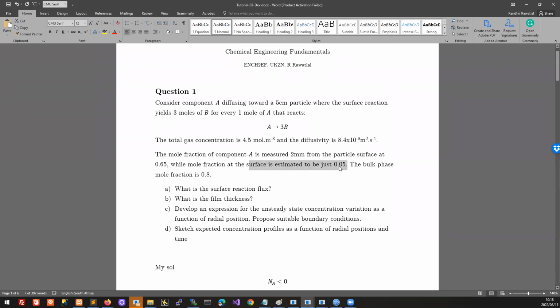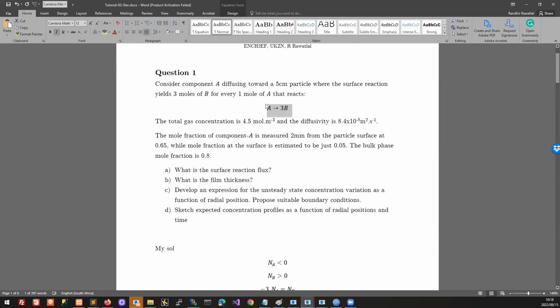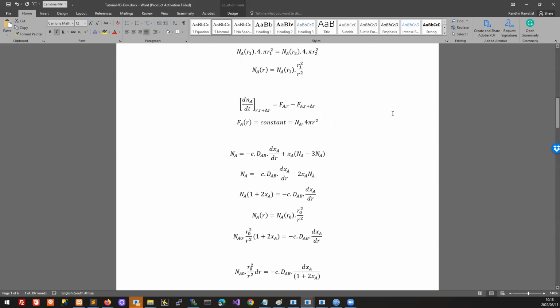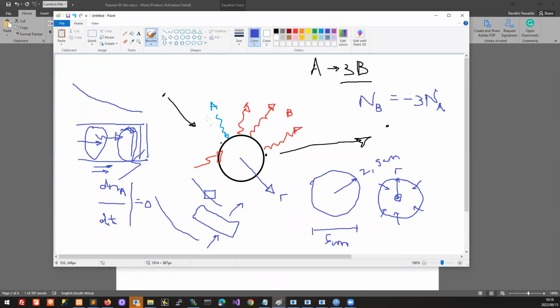If the problem doesn't give you that, I didn't realize that it was given. If it doesn't give you that, then what you would say is, I'm assuming that this rate is high enough. Sometimes I'll say the rate is high. When we say the rate is high, that means the rate of arrival of A is slower than the rate of consumption of A. In other words, A is consumed fast enough that the renewal rate by diffusion to the surface doesn't meet that in time.